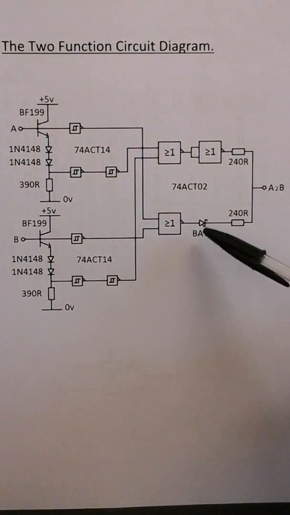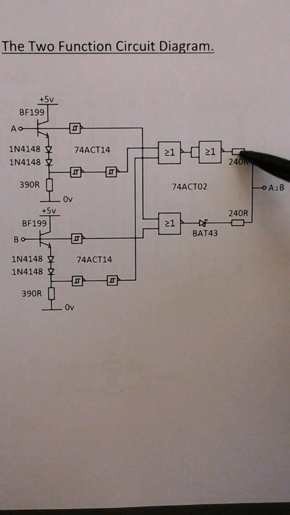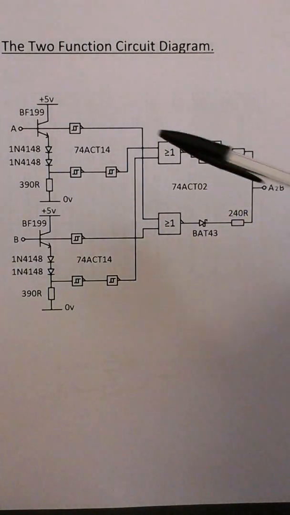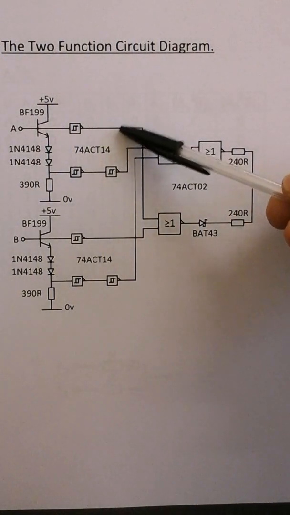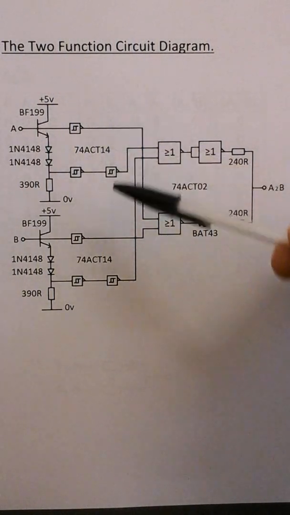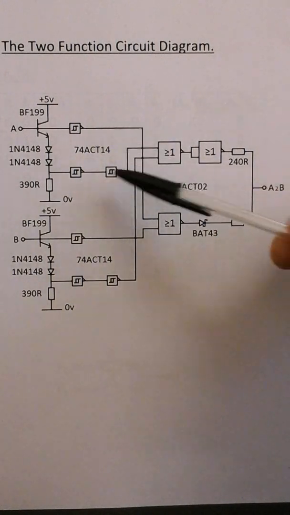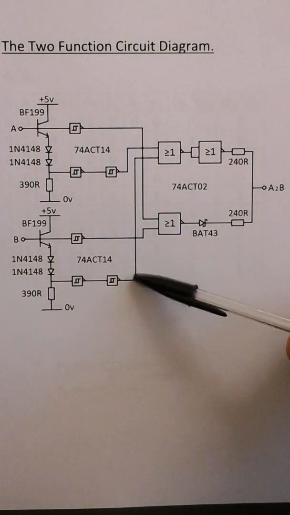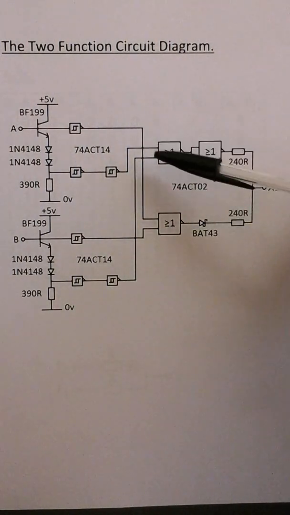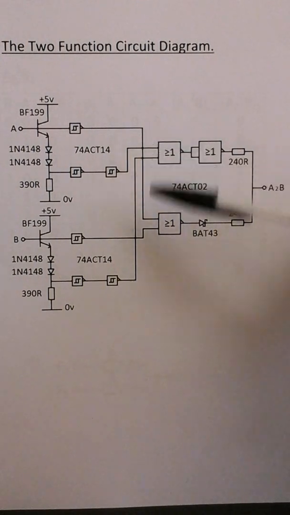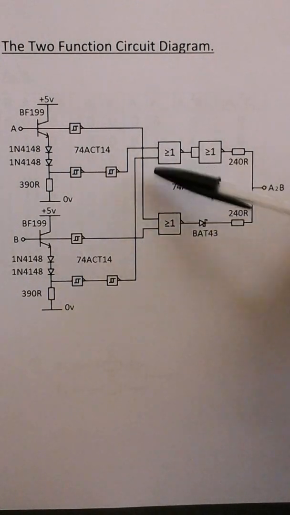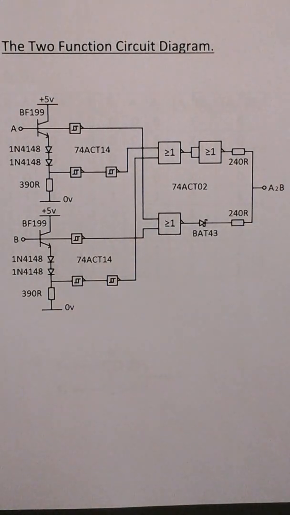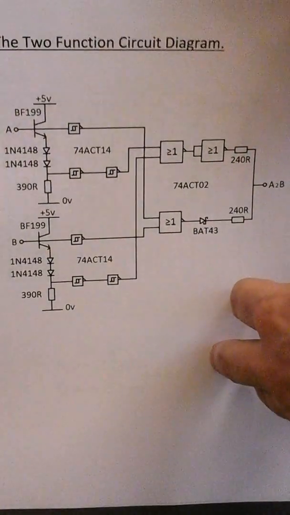Here is the Schottky diode logic, and here I'm using 240 ohm resistors for the output A2B. Here we have output not A1, sorry. This is output A2. This is not B1, this is B2. And here we have A2 or B2. And this is not A1, not B1. Right.